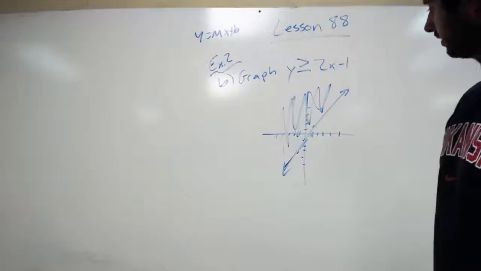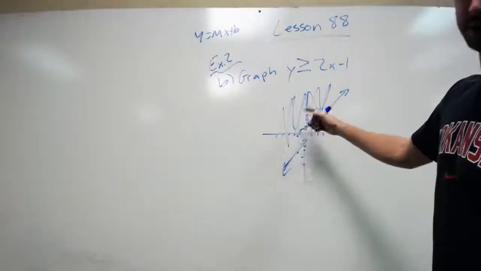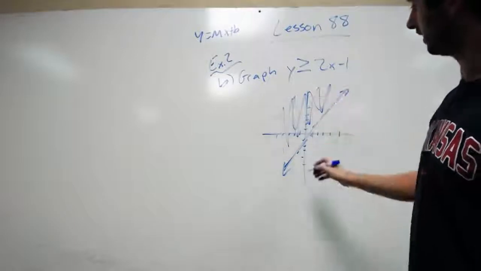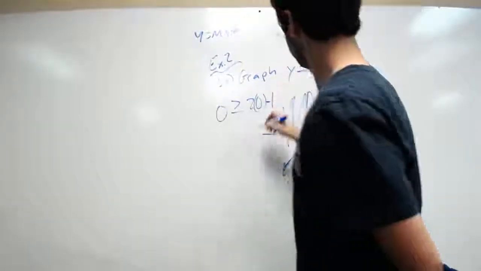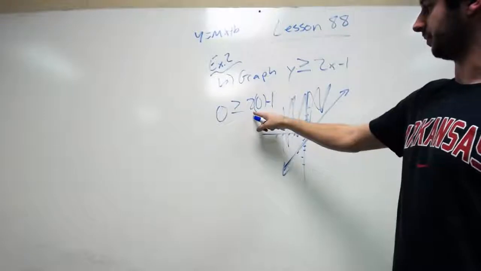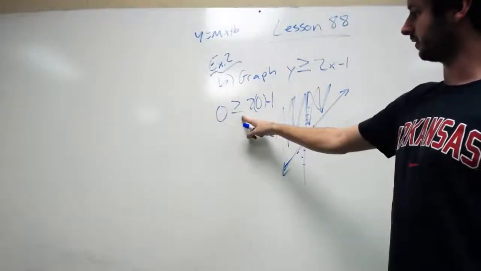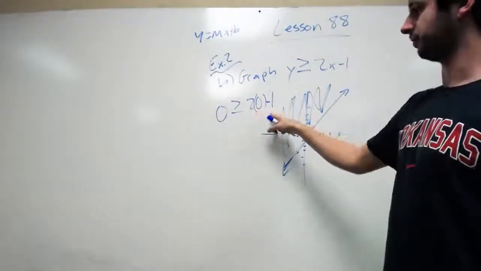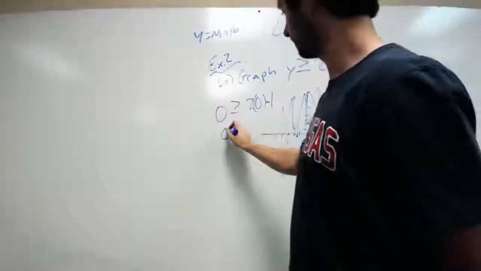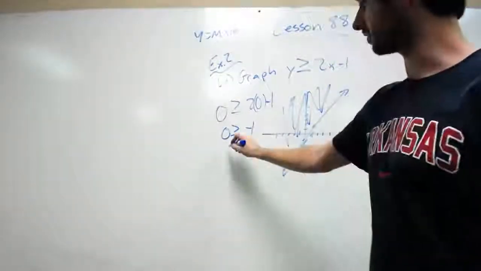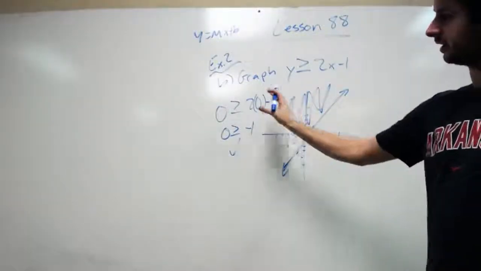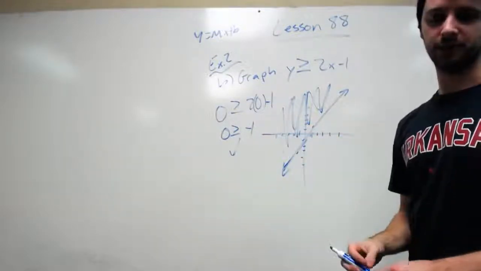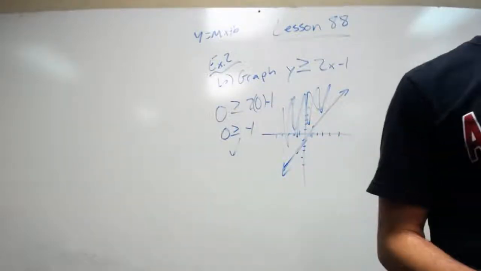If I wanted to check it, 0, 0 looks like it's in the shaded side, so if I plug in 0, 0 is greater than or equal to 0 minus 1, that's correct. So that shows me that I shaded in the proper area. All these coordinates where I shaded, the inequality would work. So that is how you graph and solve linear inequalities.